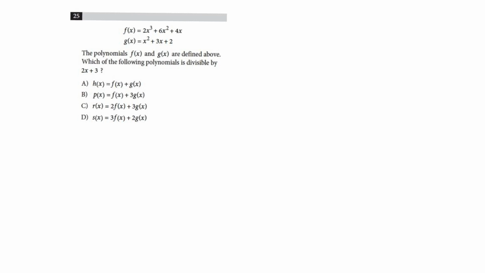Okay, let's see. I think it'd be easiest. I can see that f is not fully factored. I think it'd be easier to work with it if it wasn't fully factored. I can factor out a 2x. I'd be left with just x squared plus 3x plus 2.